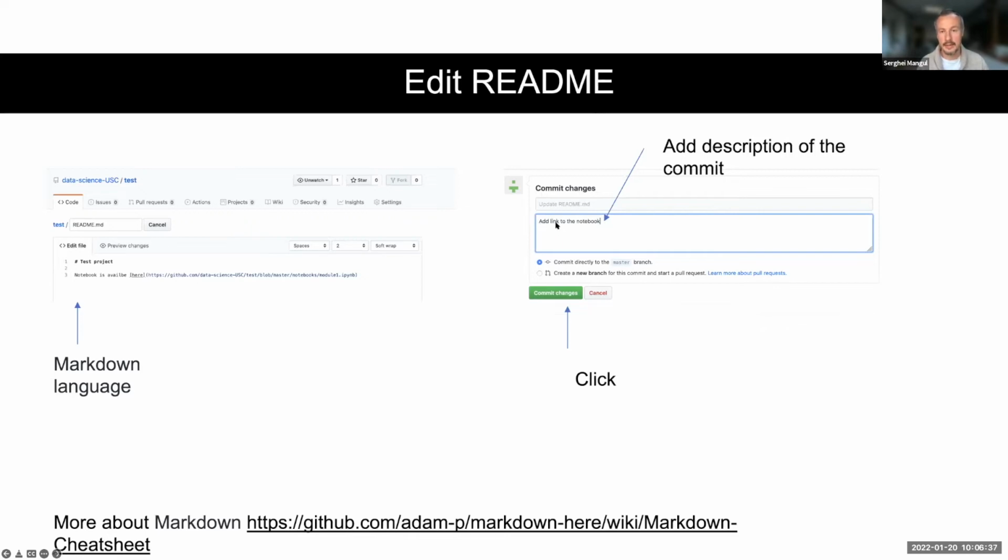Actually, I added a link to the notebook, right? So you can describe it. But be careful, because now your online repository is one step in front compared to the local one. So you need to Git Pull to update the README file, right? Your local README file doesn't know what you're doing online. So you need to synchronize that. So you need to Git Pull. Okay.